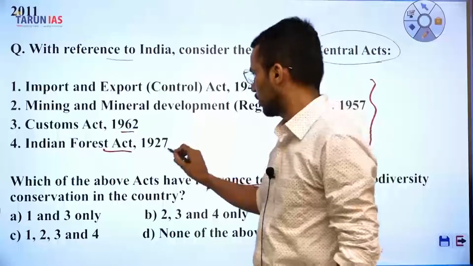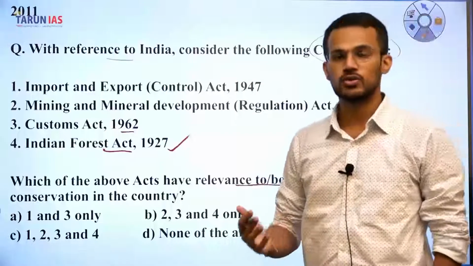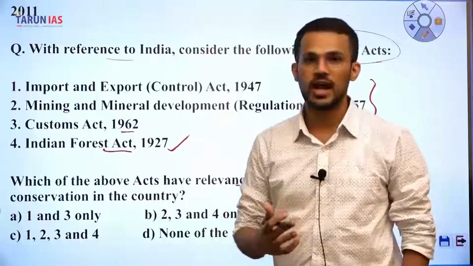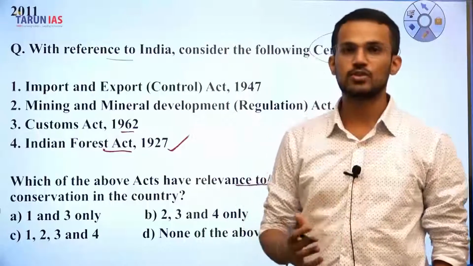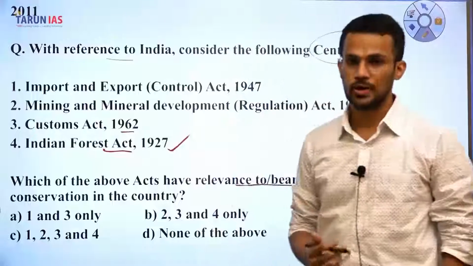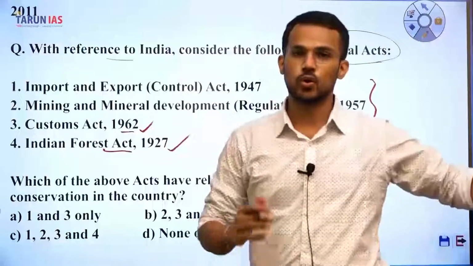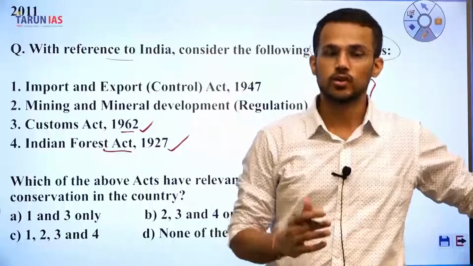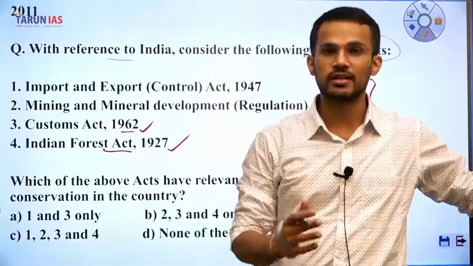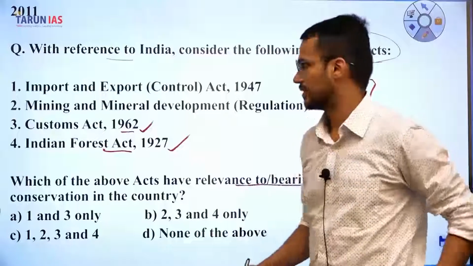So for sure, the Indian Forest Act has its bearing on conservation of biodiversity, because the Indian Forest Act tries to create various types of forests, and based upon that we'll be able to conserve biodiversity. Secondly, the Customs Act 1962 also has its bearing on the conservation of biodiversity, because it regulates trade in biodiversity and the components of biodiversity.